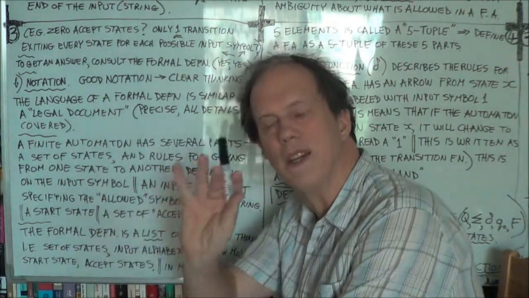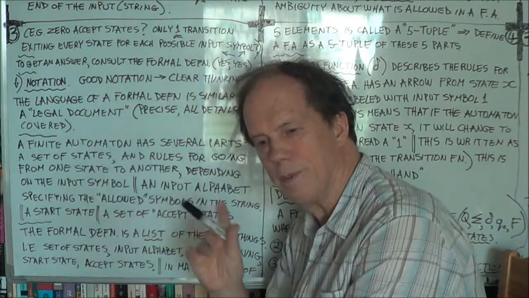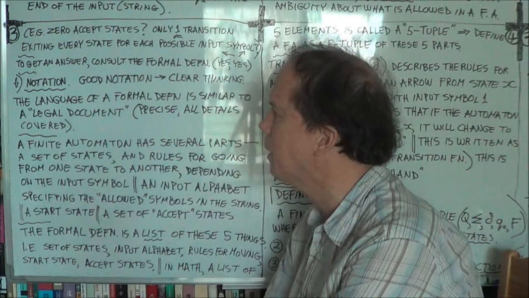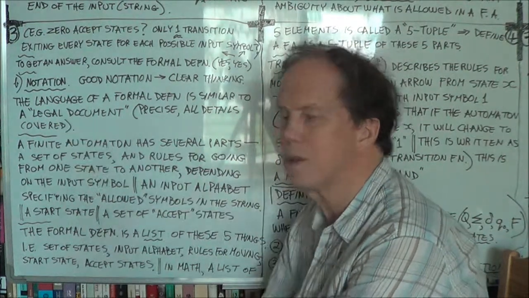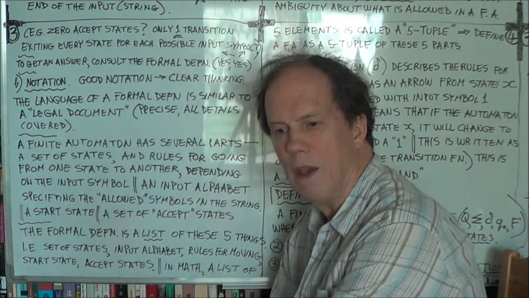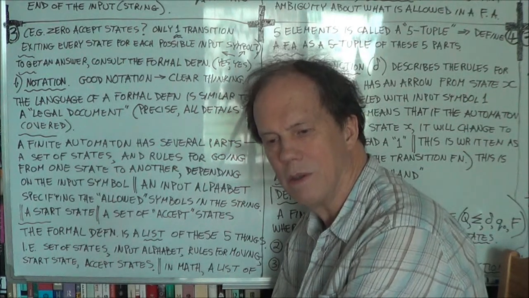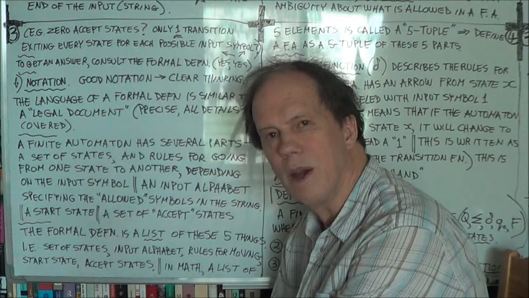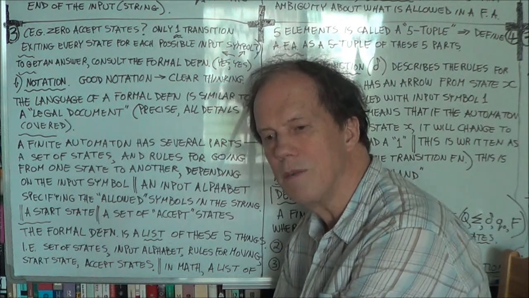So precision is useful. There's no ambiguity. That's part of the point. And notation, like I was saying a bit before, having a standard notation so everyone can describe an automaton to other people. They're all using the same notation.